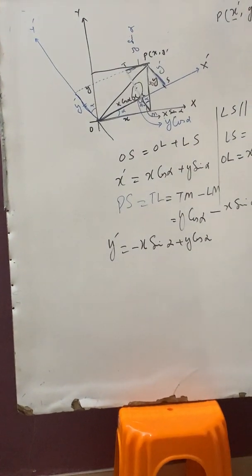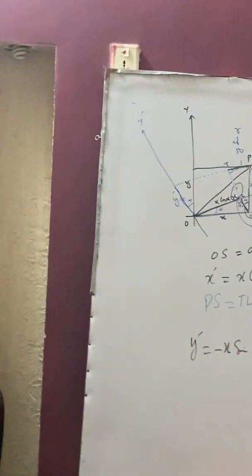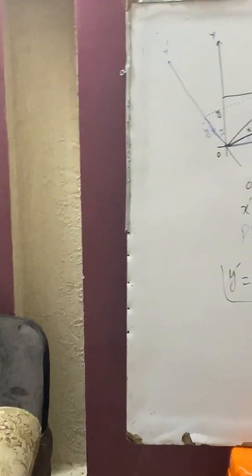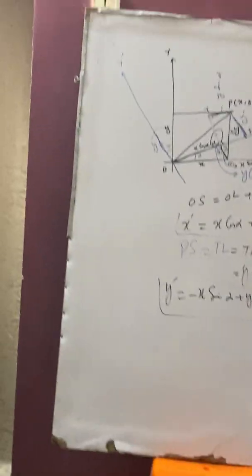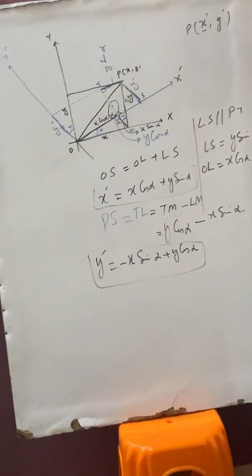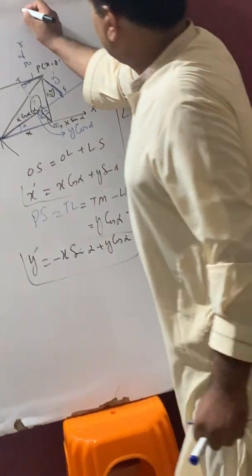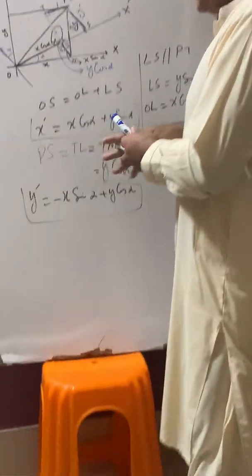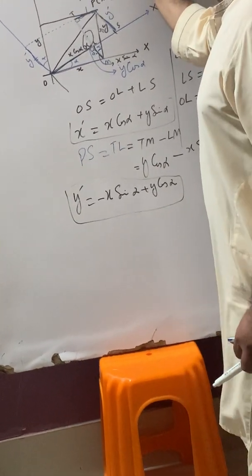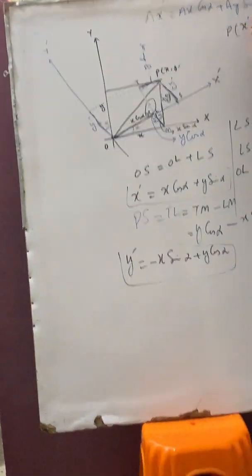So these were components of particle P having coordinates x prime, y prime. They are represented in terms of x and y, and we have got two equations. Now these equations can be used for the definition of a vector. If we have a vector with components ax and ay, then these equations will take the form ax prime equals ax cos of alpha plus ay sine of alpha.